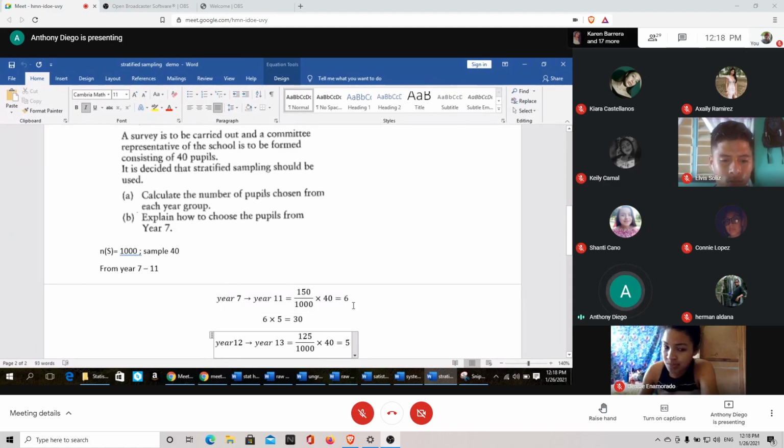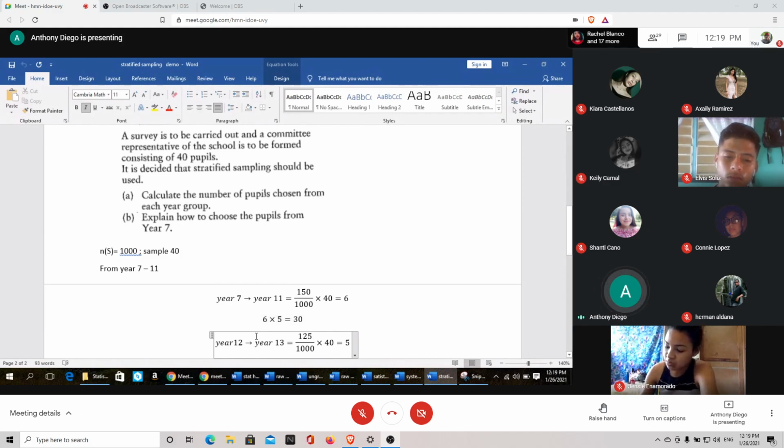Which means that 6 people will be from year 7, 6 from year 8, 6 from year 9, 6 from year 10, and 6 from year 11. And because those are 5 different strata, I multiply 5 times 6, which gives us 30. So we already have 30 individuals for the sample.